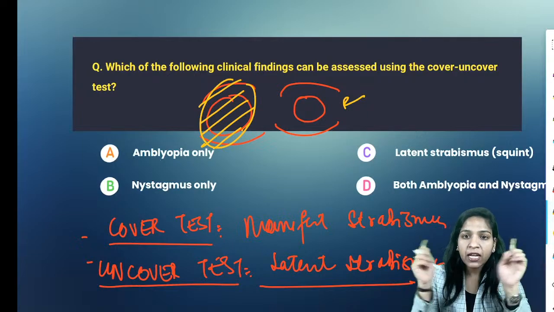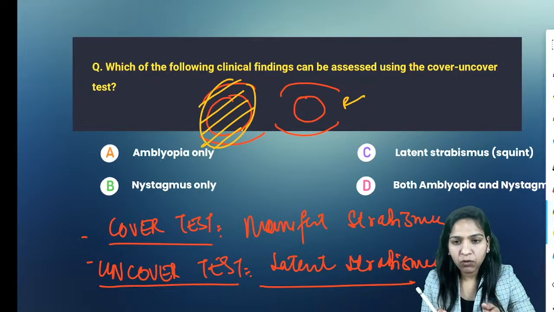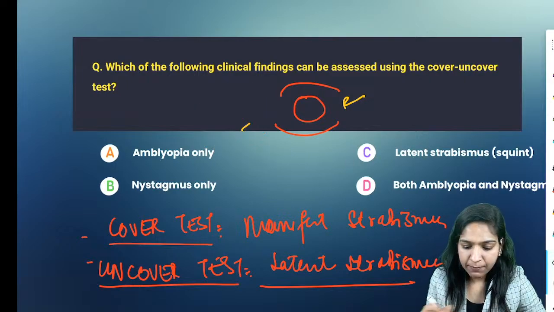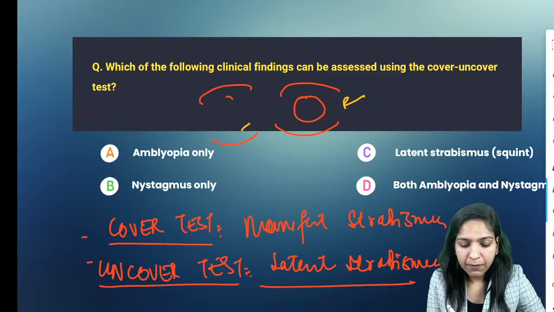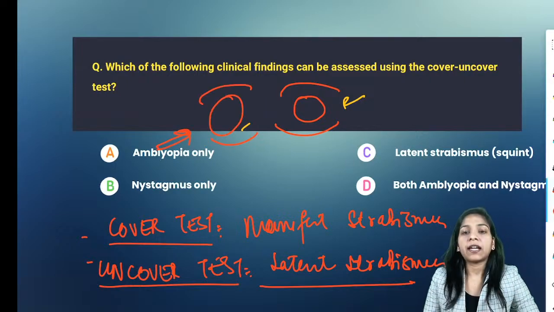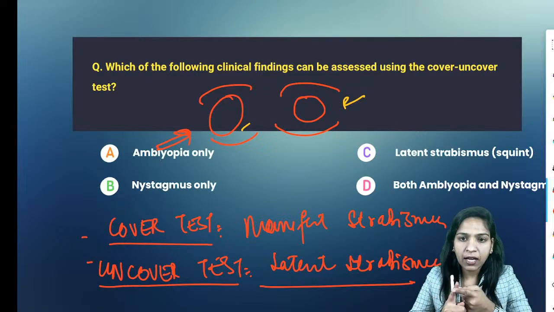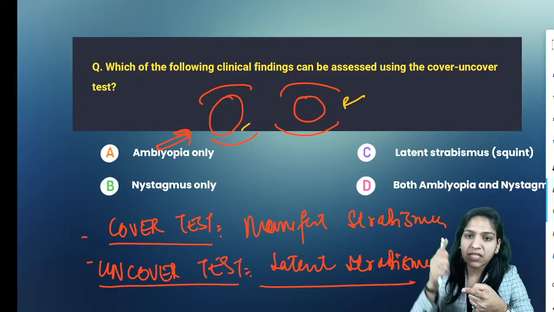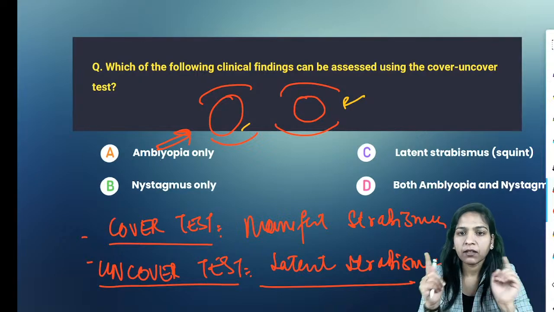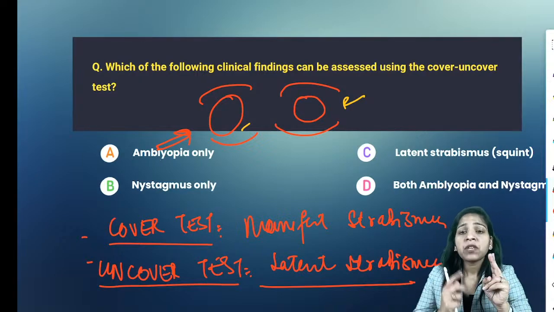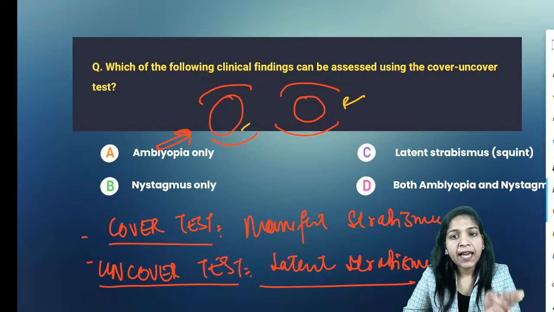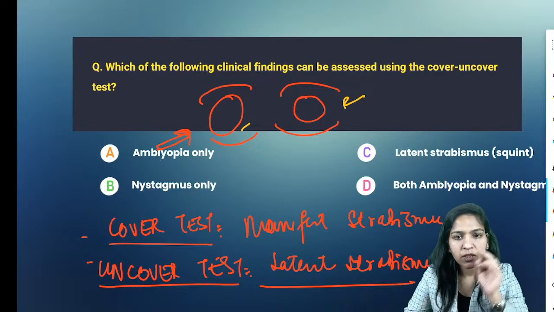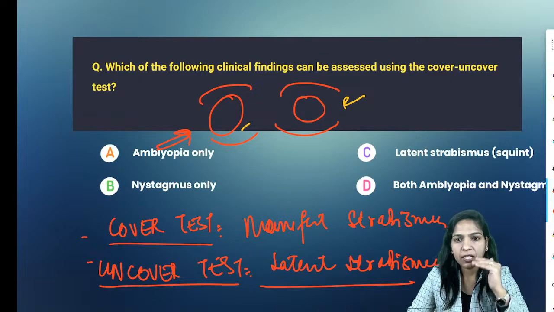When I remove the cover, I will again check the movement of the right eye. So in the uncover test, I cover one eye and check the movement of the same eye after uncovering. In the cover test, I cover one eye but check the movement of the other eye. This is the difference between the cover test and the uncover test.